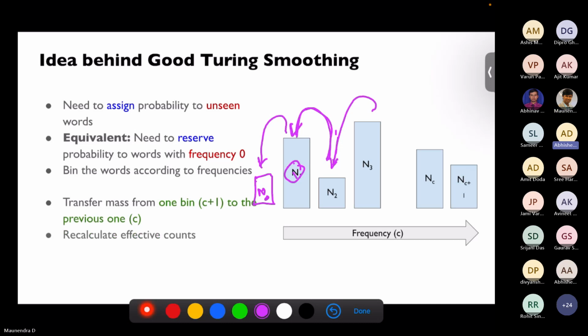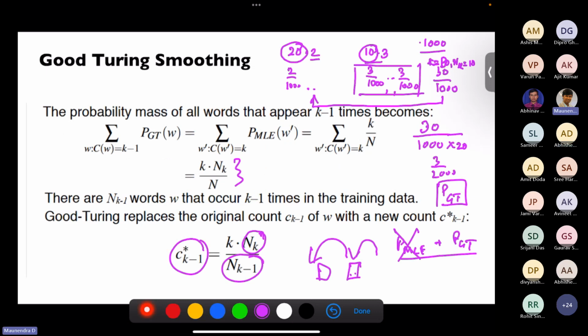How do we redistribute n1 to n0? For the 0th bin, the count will be c star 0. So that means k equal to 1. So this will be k into n1 divided by n0. This n0 can be estimated with something. So that will be the total probability mass coming here.